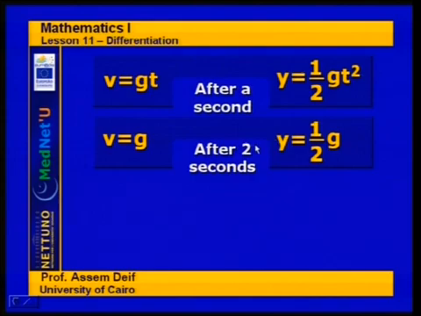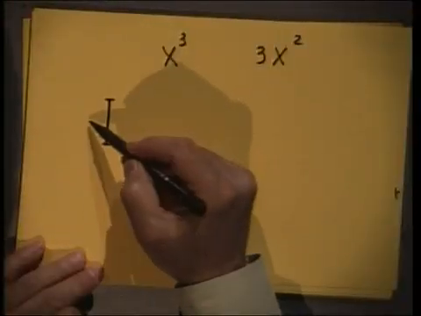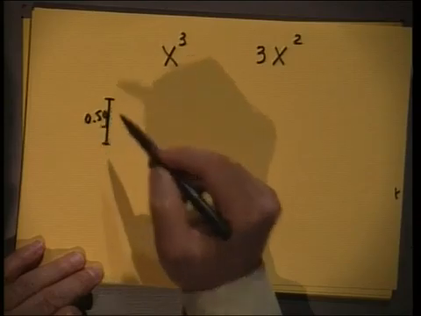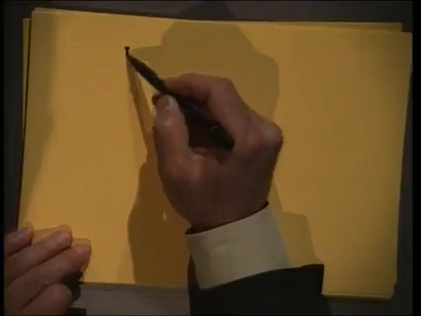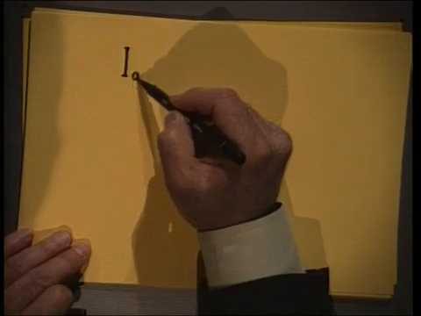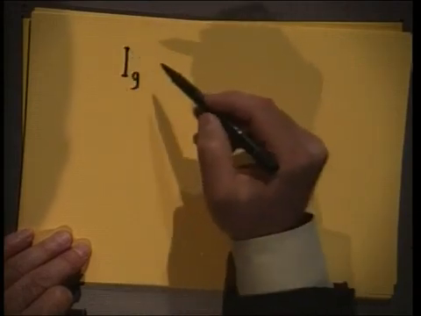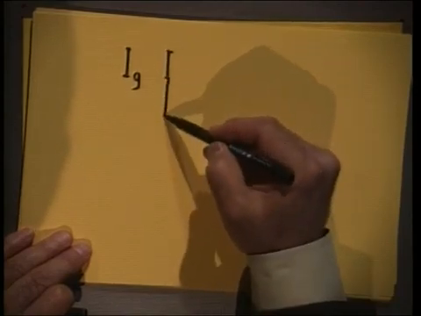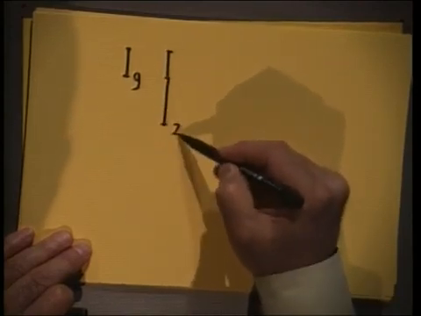You realize that after 1 second, the distance traveled is equal to 0.5 g. After 1 second, the velocity becomes equal to g, starting from 0, and after 2 seconds it reaches 2g.